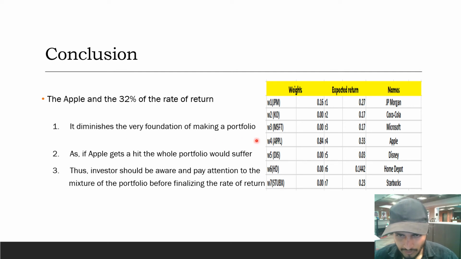The reason we are making a portfolio is to hedge against the risk of the market through diversification. Here you can see, if we select the 32%, and if Apple takes a hit, the whole portfolio would suffer. And thus investors should be aware and pay attention to the mixture of the portfolio before finalizing the rate of return.